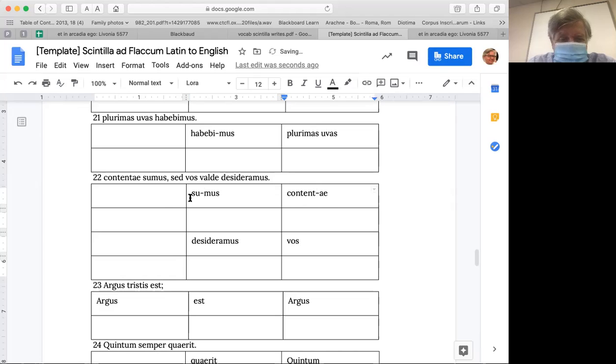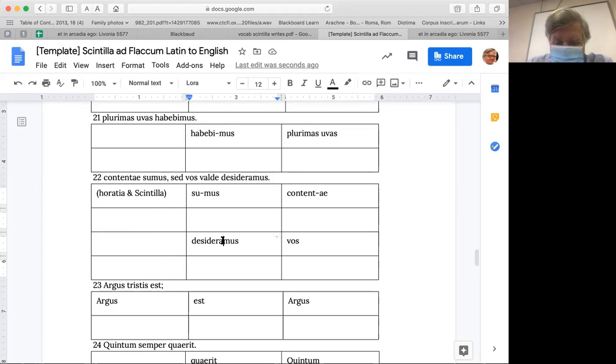Feminine ending because the subject, let's imagine here, is Horatia and Scintilla, both feminine. Adjectives have to agree with the subject, even when the subject is not expressed like here. So here it's just we, but that's feminine plural.